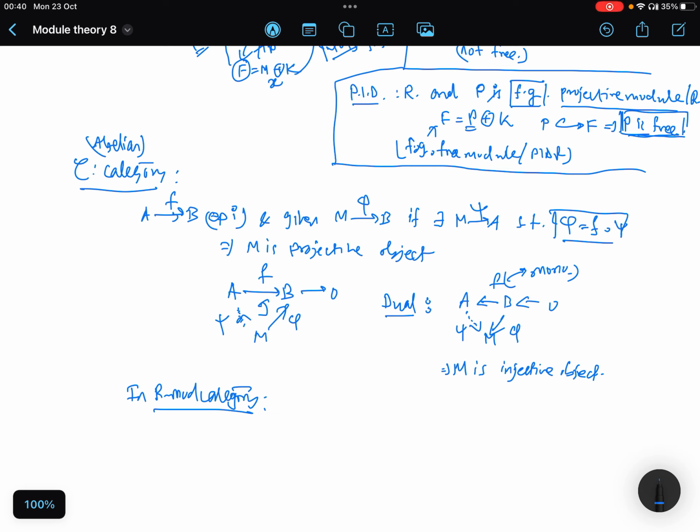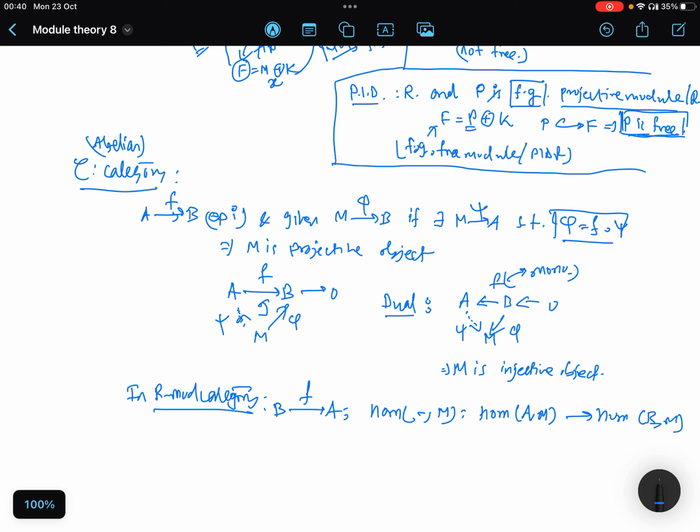given any injective map from B to A, you have this functor Hom(-, M), which is a contravariant functor. So this goes from Hom(A, M) to Hom(B, M), right?